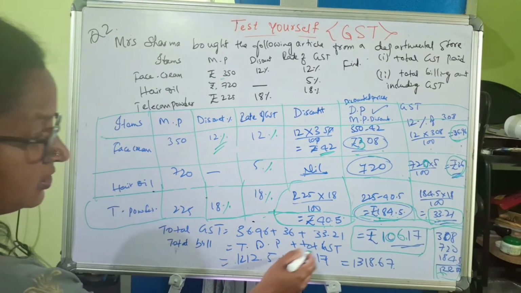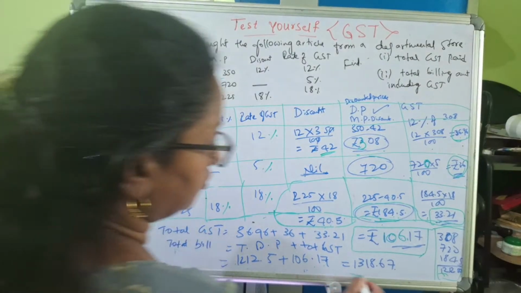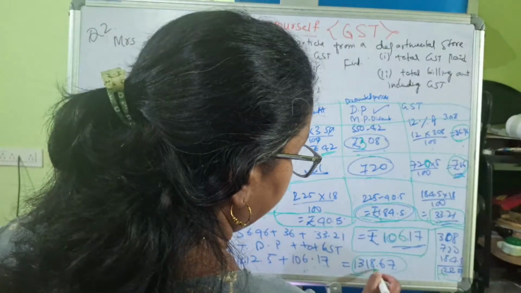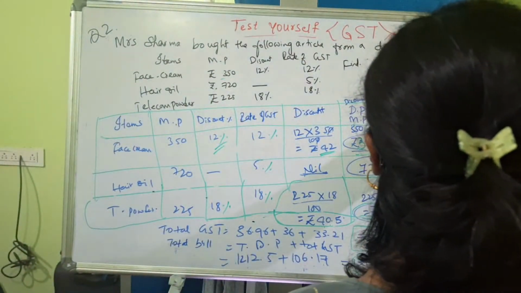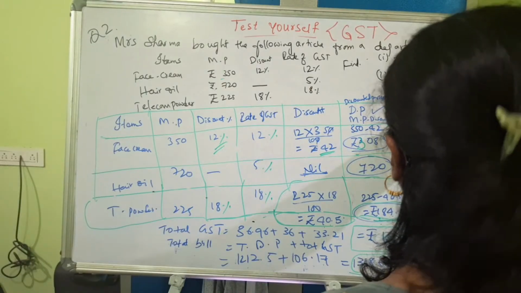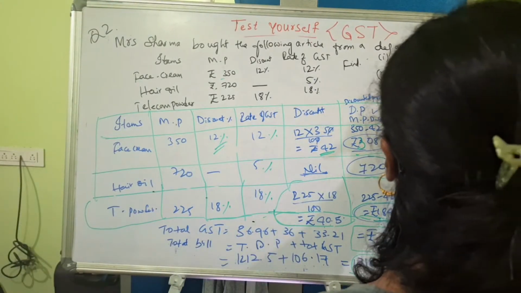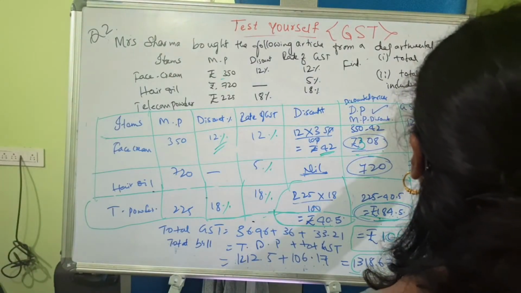Plus total GST, that is 106.17, which is equal to 1318.67. So the answer for the first question is total GST paid is 106.17, and the answer for the second question is 1318.67. So these are the final answers.